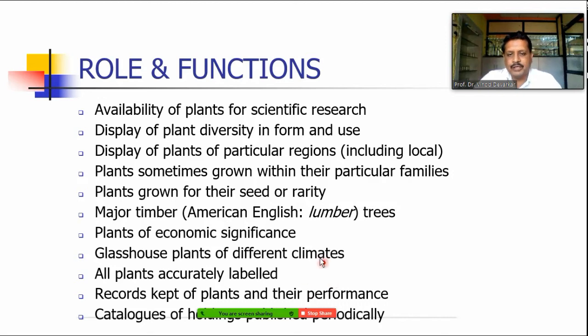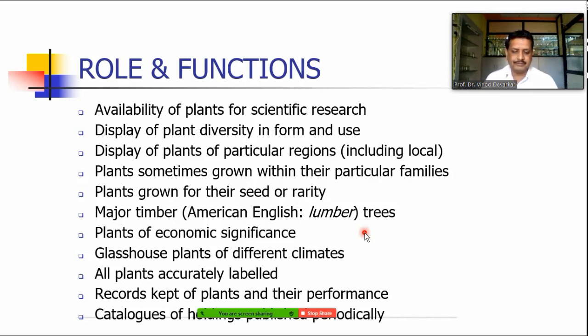Some species may be of the extinct category, so these performance records are necessary to maintain in such cases. The catalogs and reports are studied periodically. So these are the basic functions of botanical gardens, where all such functions are maintained and recorded.